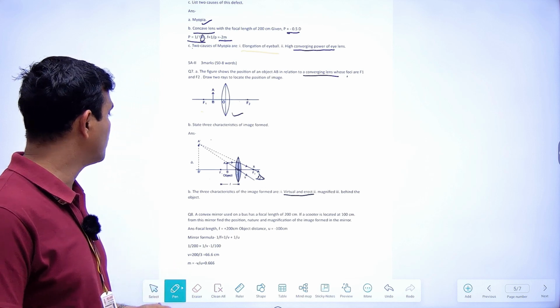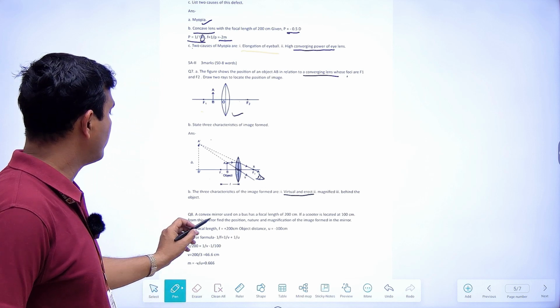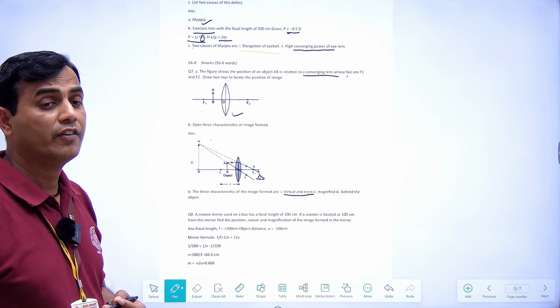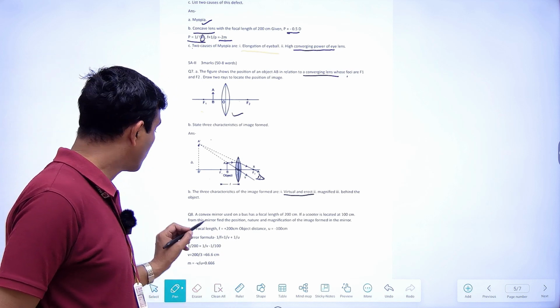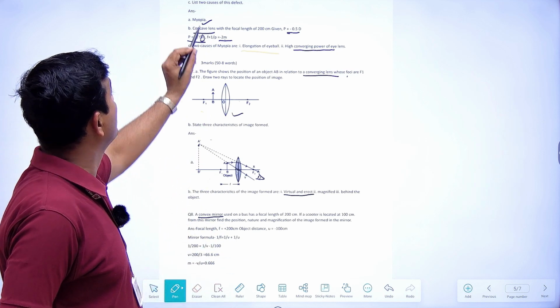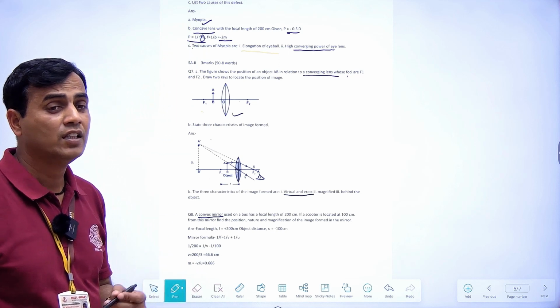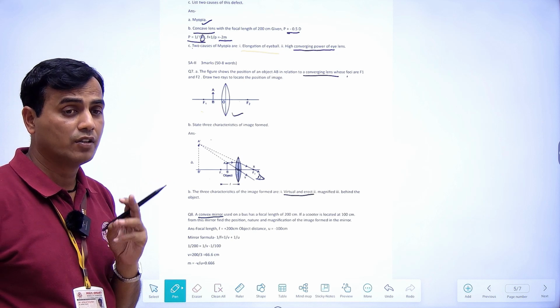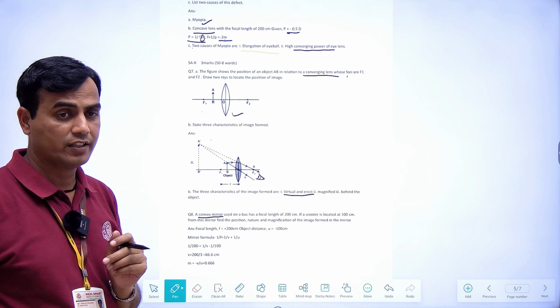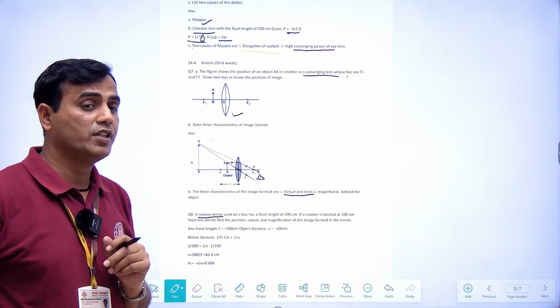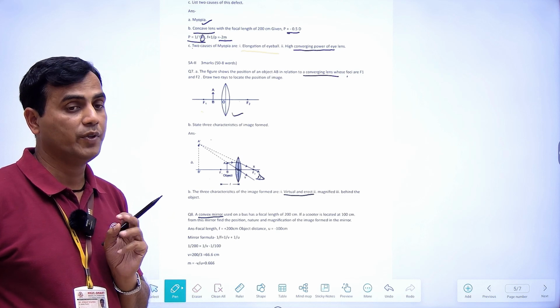Now we come to the next question, a convex mirror. In the short answer second type, there are 3-mark questions, two from light and electricity, and both are numerical.